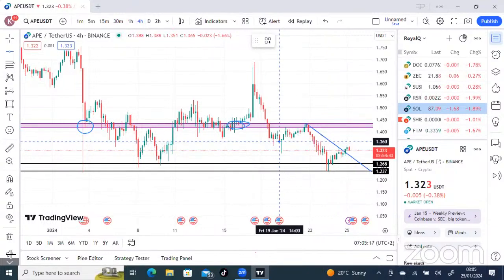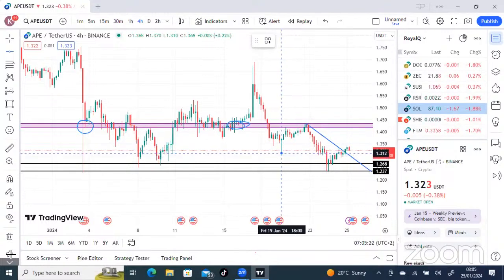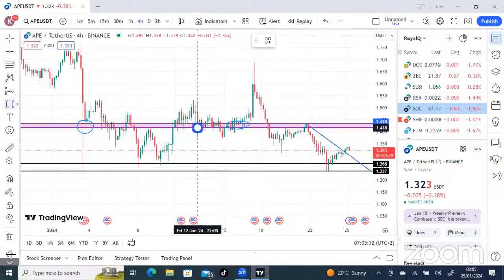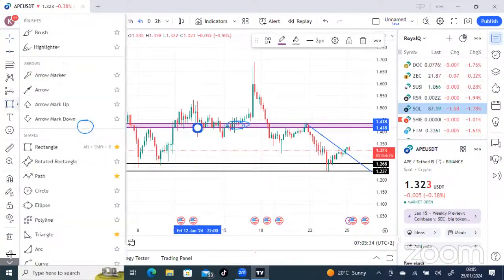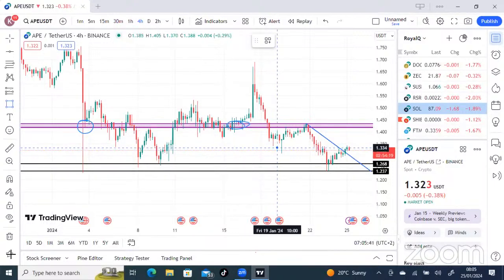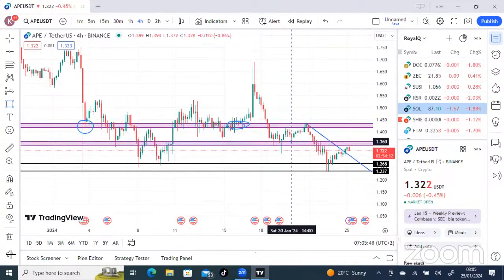And so you can see this area here. It has a long wick down up to here, but I will consider the red candle at this point, to the close of the body of the red candle.